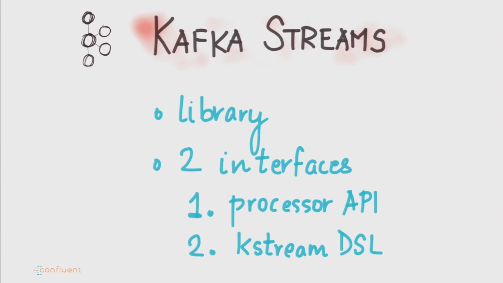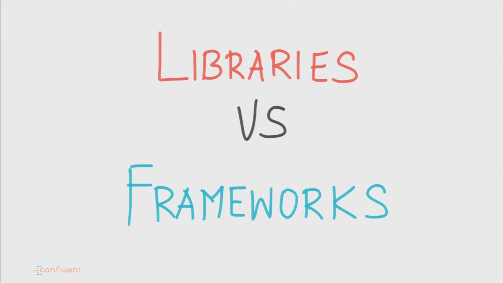It contains two key interfaces, which look a lot like other interfaces that you'll see in stream processing frameworks. A low-level processor API, which is callback-based, and it provides very little support for windowing and stuff like that. And then a DSL.